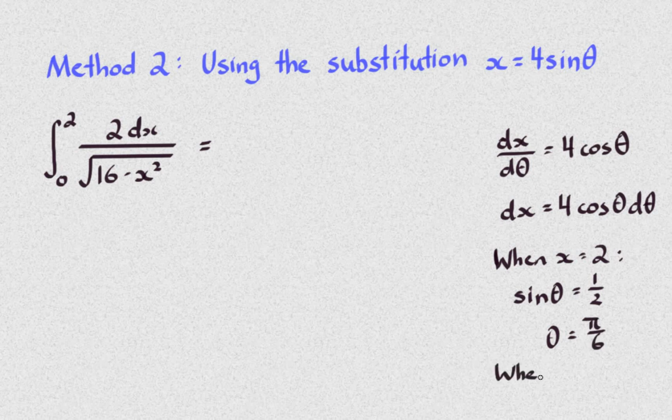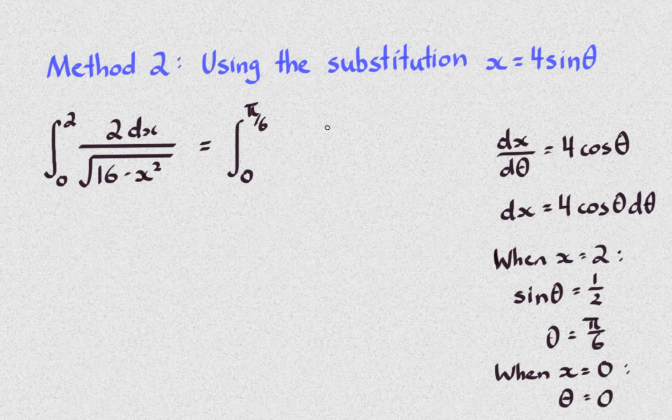And when x equals 0, hopefully you can see that theta will just be 0. So let's put them in there. Now dx, remember, we are replacing with 4 cos theta d theta.